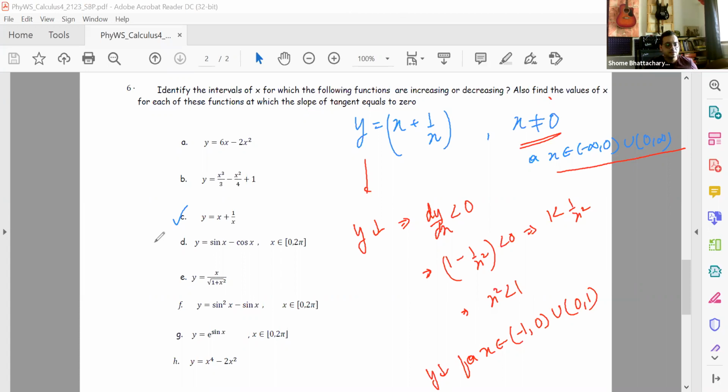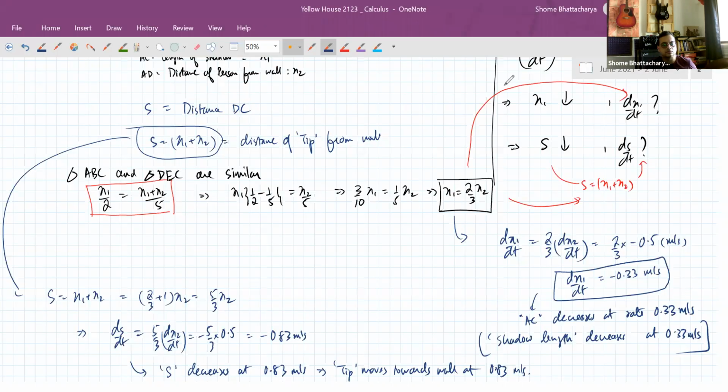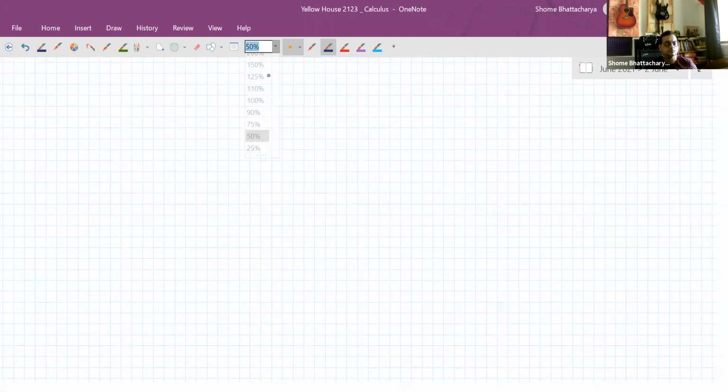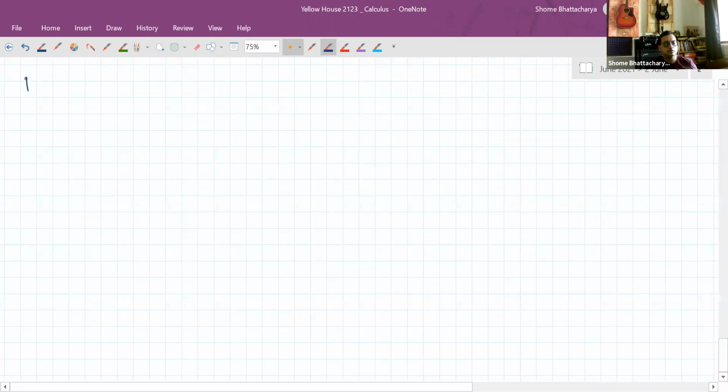Okay, now in this exercise, gradually, as you move down, the complexity level increases, especially for the trigonometric function. So let's take the example of this one next. So that function was sin x minus cos x, right?